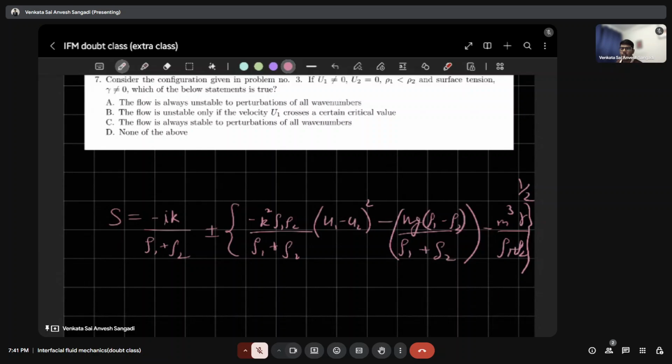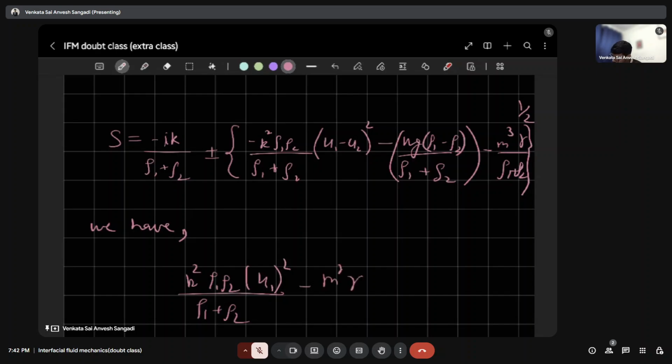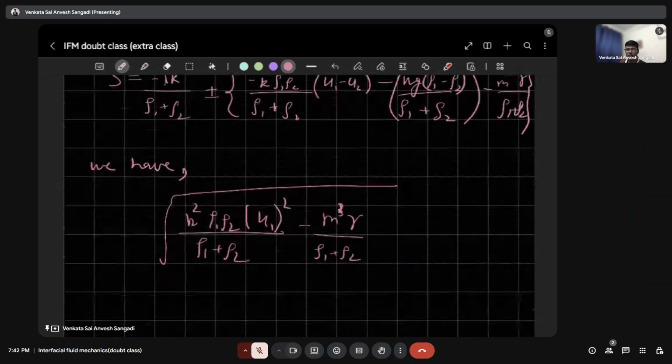If you take the term under the square root, we have k square rho 1 rho 2 u1 square by rho 1 plus rho 2 minus m cube gamma by rho 1 plus rho 2. So this is under the square root.